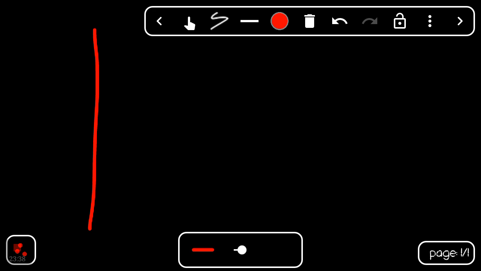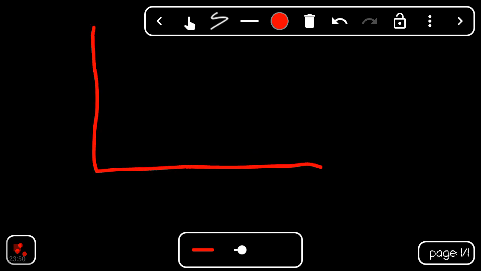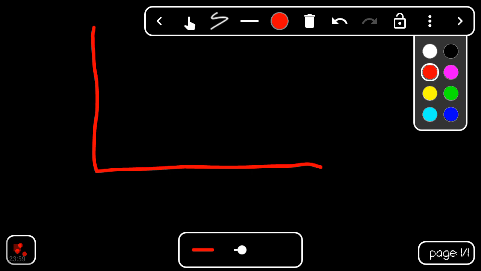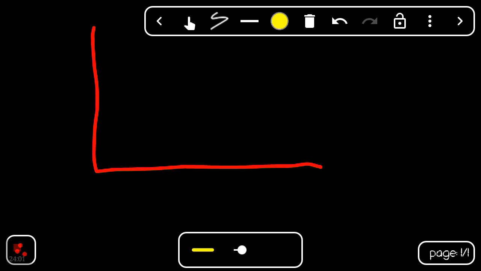Let's say this is how the graph looks. When we put in our table of values and graphed everything, our graph looks something like this.